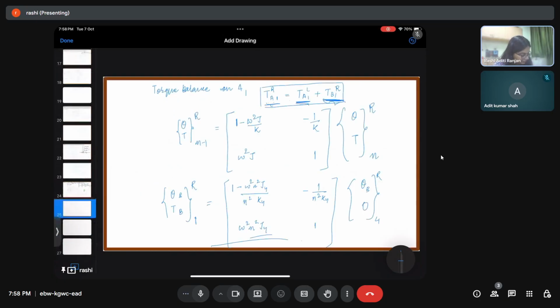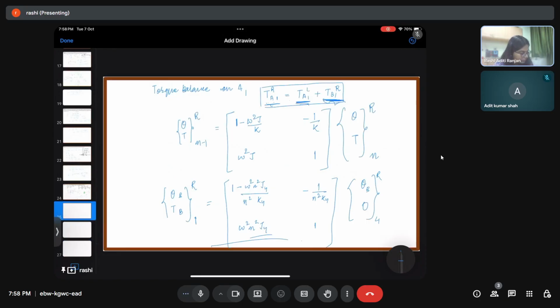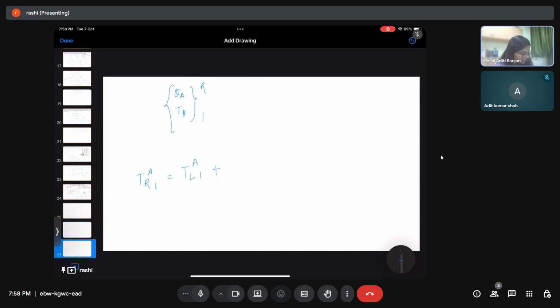TLA of 1 plus TB1 of R over here, which we already know, which is minus omega square n square J4 divided by 1 minus omega square J4 by K4 into what? Theta L A of 1. So now we can write it in matrix form. We can simply write it in matrix form.